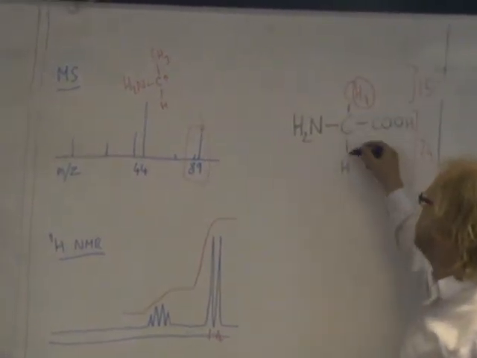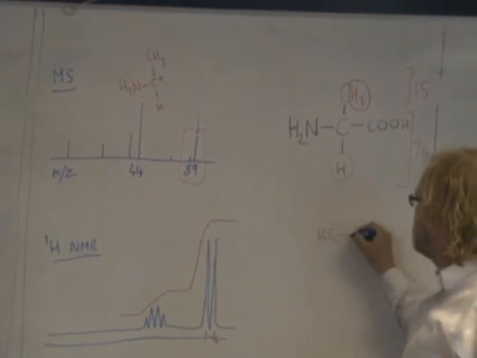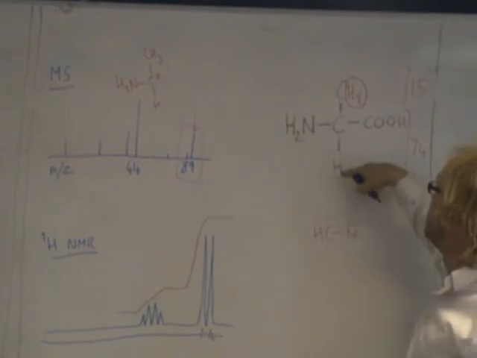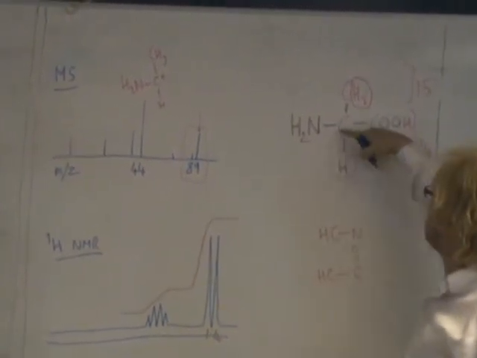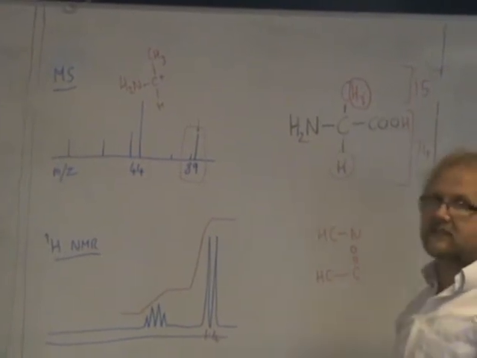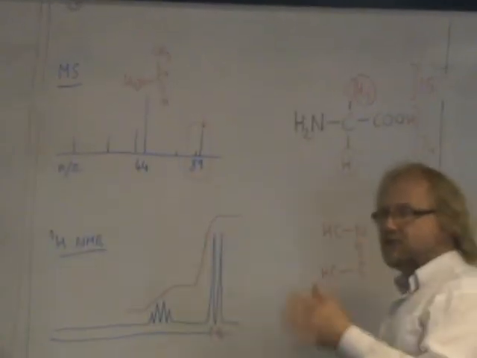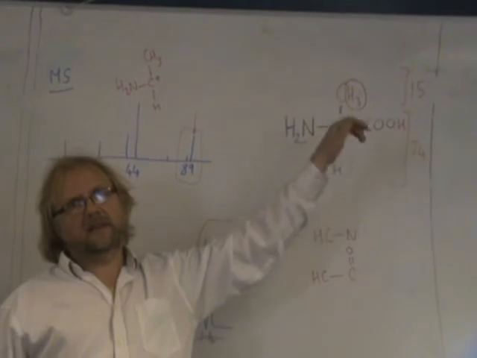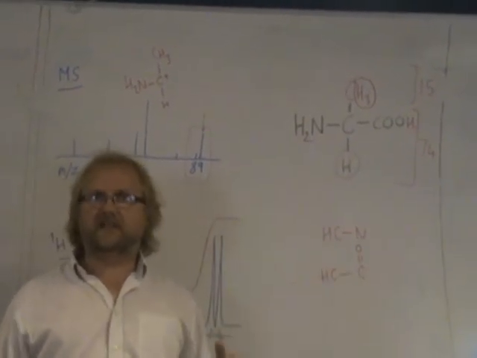If you're trying to figure out what the environment of that hydrogen is, you could say, okay, it's an HCN type peak because we've got HC with a nitrogen attached, but it's also HCCO because you've got CO attached on that side. Both of those groups cause perturbations to the chemical shift, which you could use to make a prediction. The problem is that when you have both of them, those perturbations add up, and they often cause the shift to be outside the range you expected.